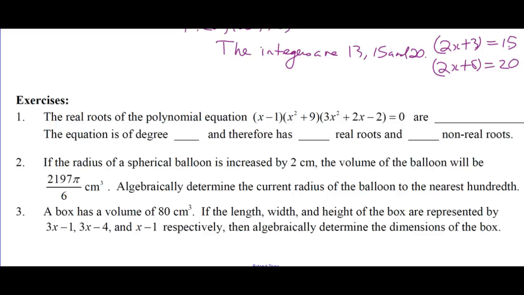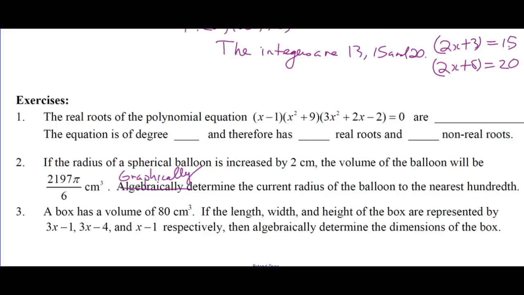And the wording change is this one: graphically. So with the emphasis on graphically, I'm willing to bet, and I have not yet seen the test, but somewhere on there it's going to say graphically determine something. So make sure you know what to do, right?